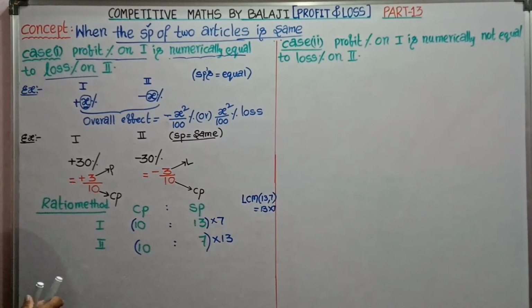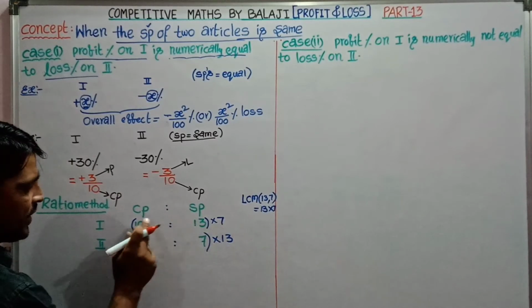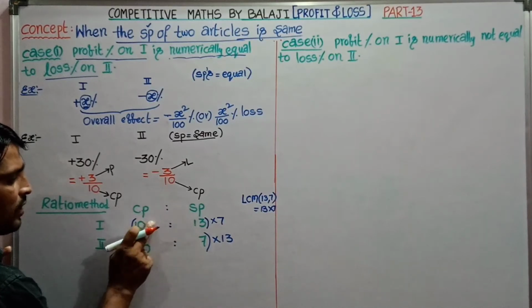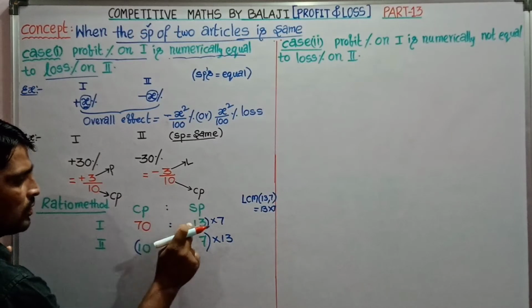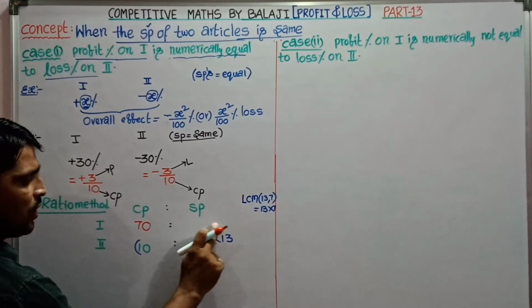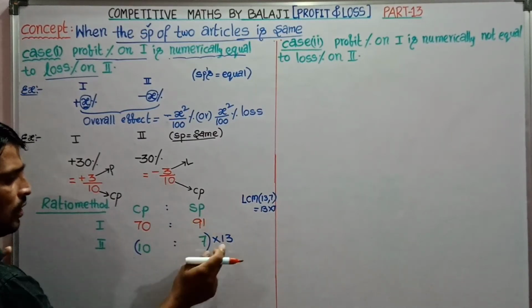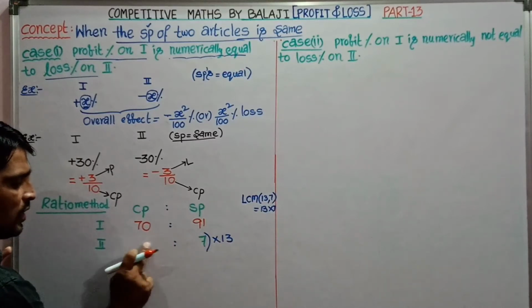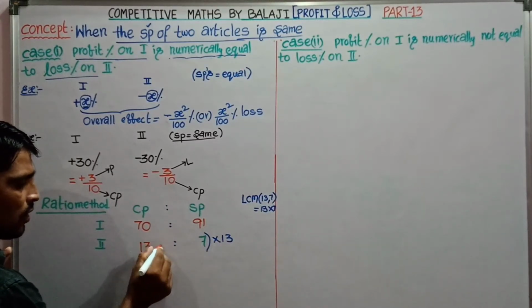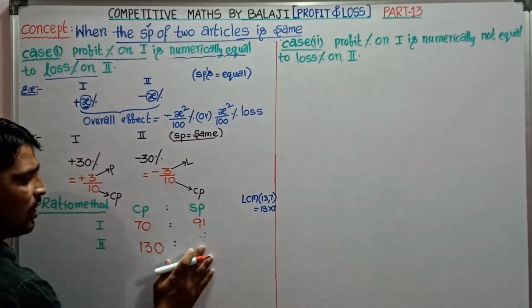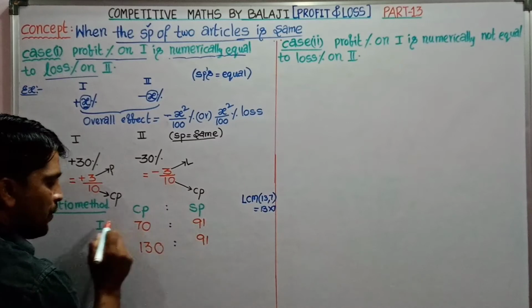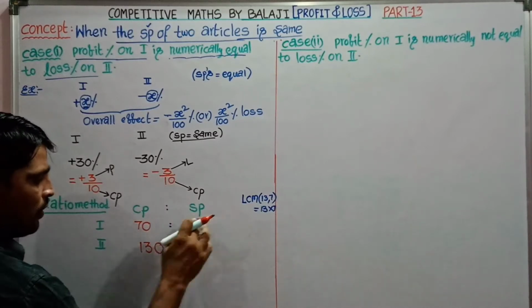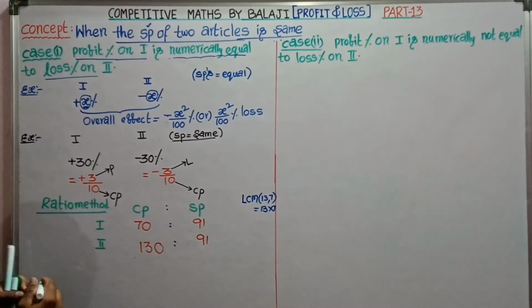Now 7 tens are 70, 13 sevens are 91. 13 tens are 130, 7 13s are 91. See, the selling prices of the first and second pens are equal, whereas the cost prices are different.